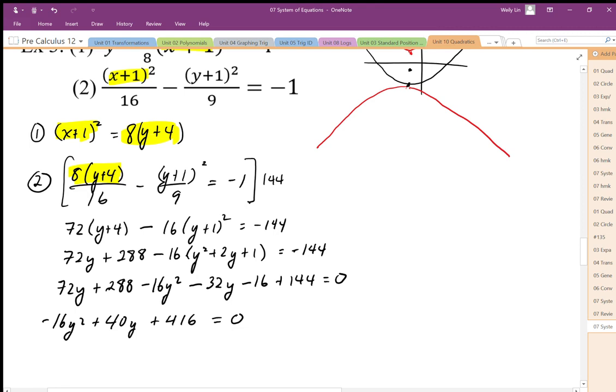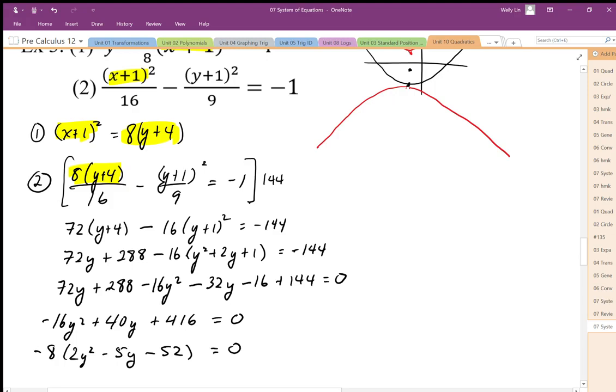It looks like I have common factors of 8, so I'm going to divide everything by 8. I'm going to end up with 2y squared minus 5y minus 52, and that's equal to 0.